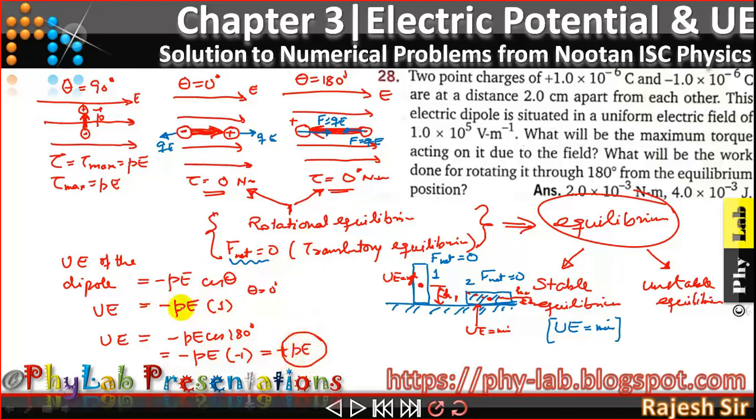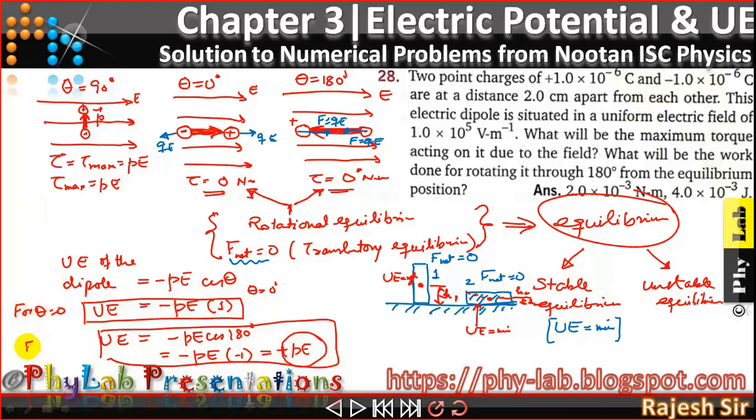So out of these two positions, which position do you find to have minimum potential energy? This is for theta equal to 0 and this is for theta equal to 180 degree. Out of these two positions, which position has got minimum potential energy, friends? So you can see for theta equal to 0, the potential energy is minimum.